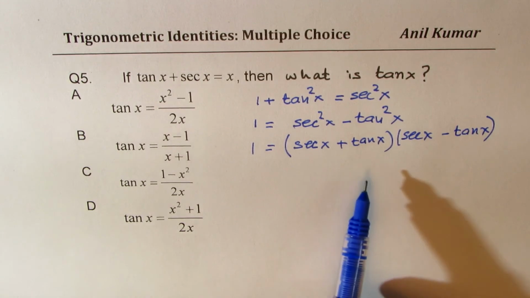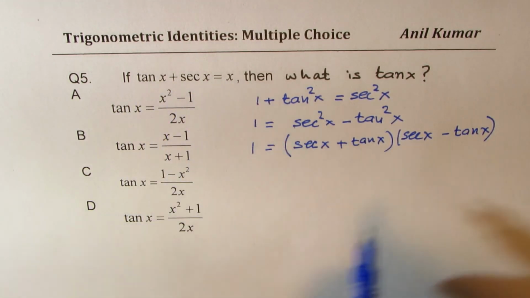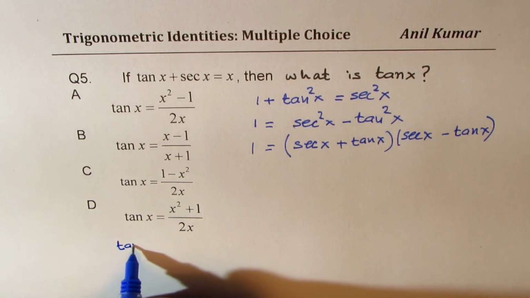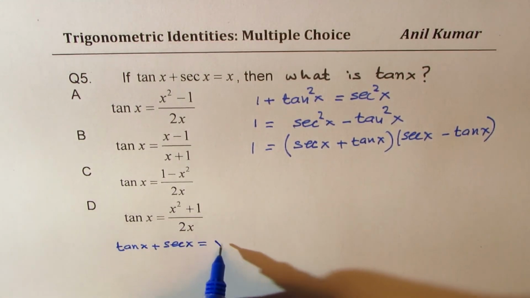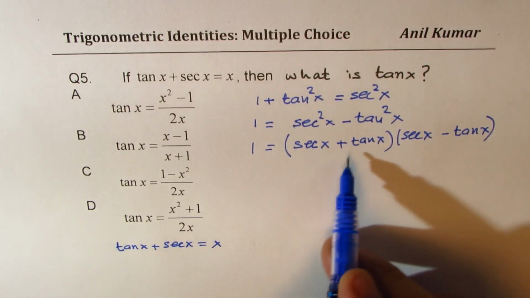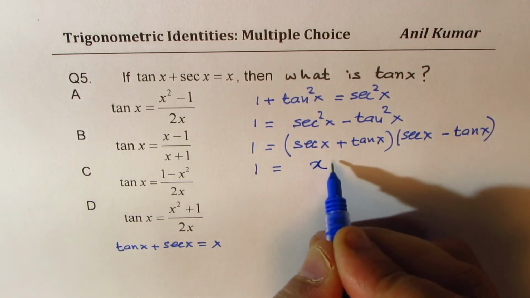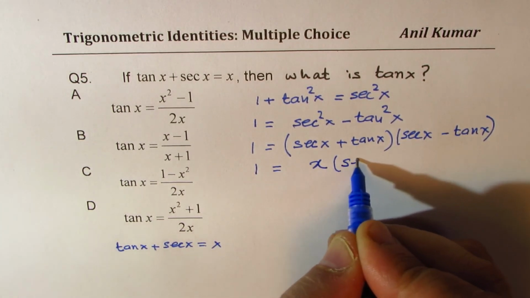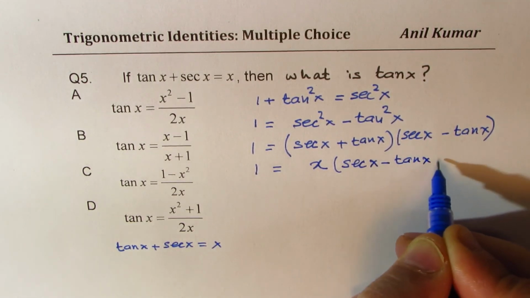Now what are we given? We are actually given that tan x plus secant x is equal to x. So we could replace this term with x. So we get 1 equals x times secant x minus tan x.